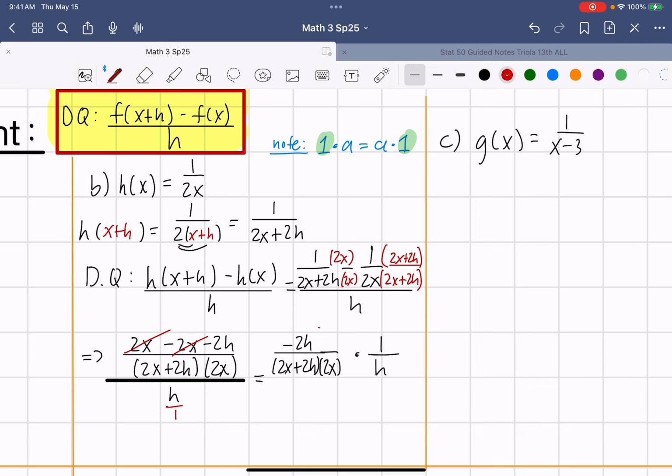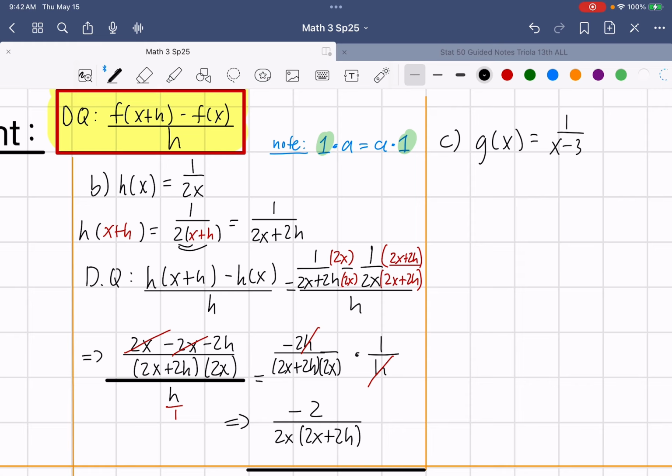And here you can simplify, and that's the main goal right now for us, is just to simplify that h if possible. At least one of them. Obviously we can't simplify that h inside, but that's going to leave us with negative 2 all over, I'll write 2x first, times 2x plus 2h.